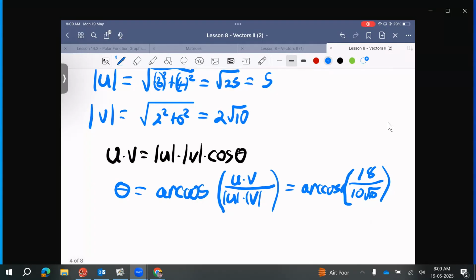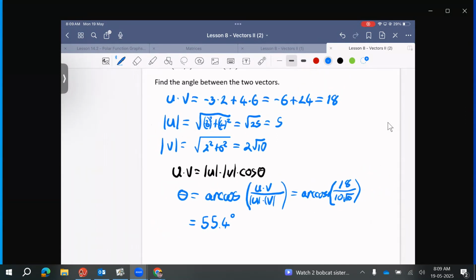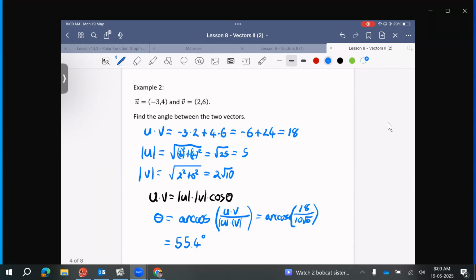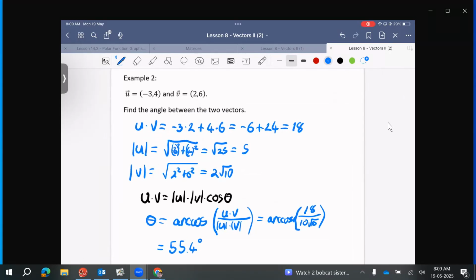Pop that into our calculator. I got 55.4 degrees. Now the degree symbol comes in. Make sure your calculator is in degrees. We've been using radians all year.